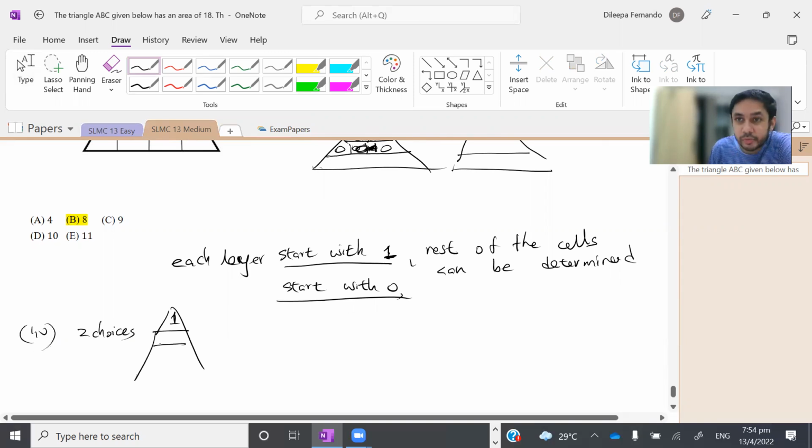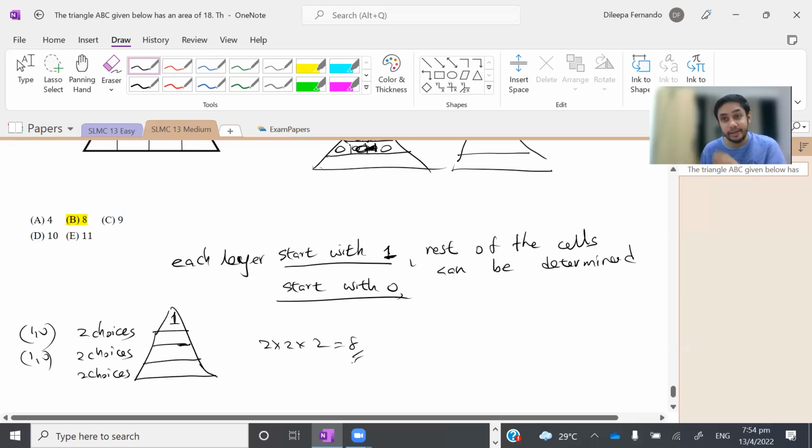And depending on that choice, for each choice we have to find two choices for the next layer, and two choices for the next layer. So altogether, 2 into 2 into 2, 8 choices.